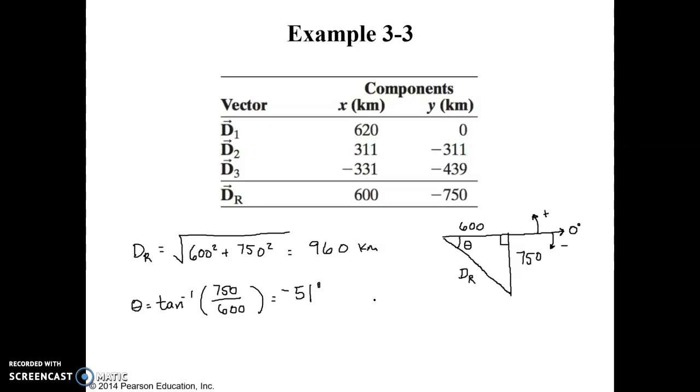We might even describe it also as south of east. Okay, and those are the two pieces of information that are needed to fully describe a vector. We need both magnitude and direction. If we don't provide both pieces of information, it's really an incomplete answer.